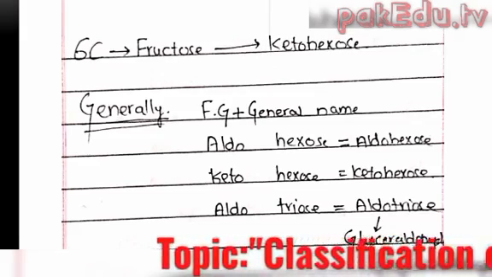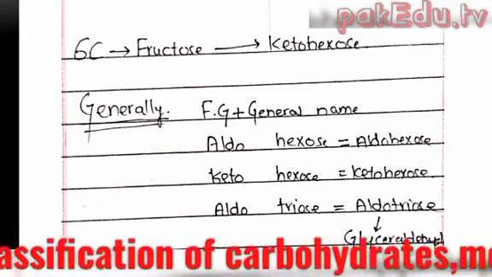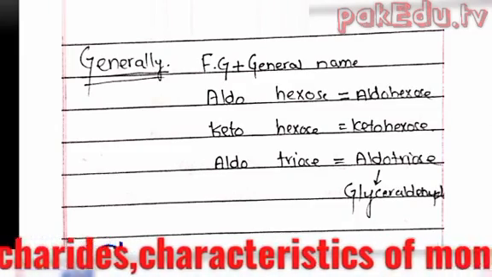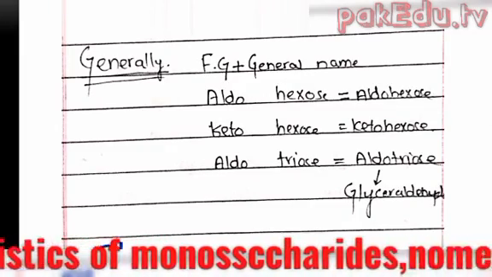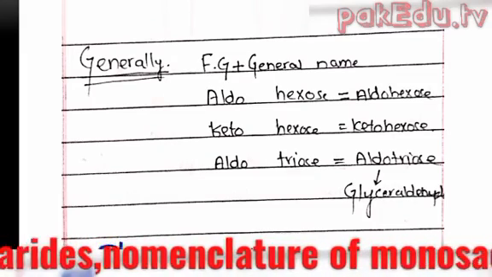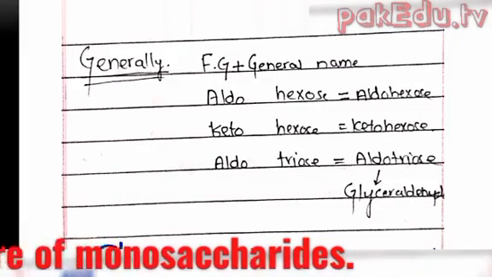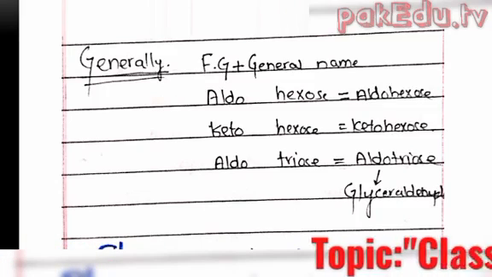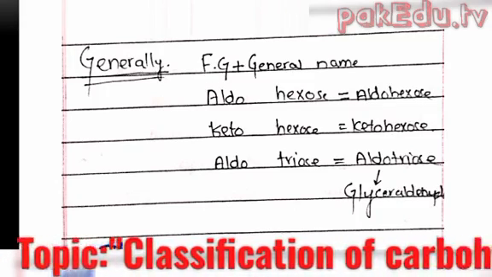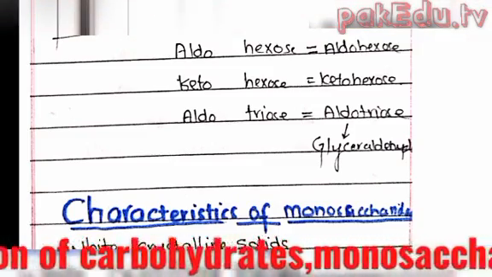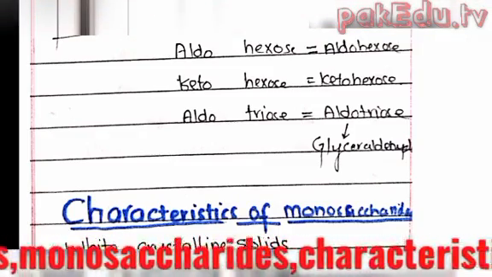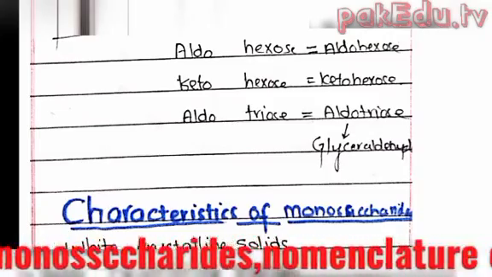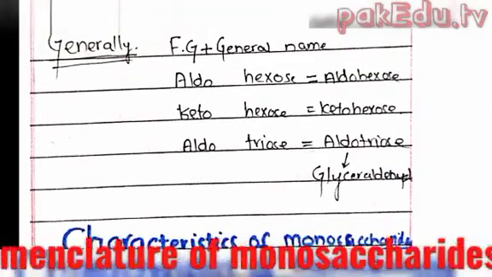Next is aldotriose. It is for glyceraldehyde, because in glyceraldehyde the aldo functional group is found and 3 carbon atoms are part of it, so its name is aldotriose. That is the combination of functional group and generic name.